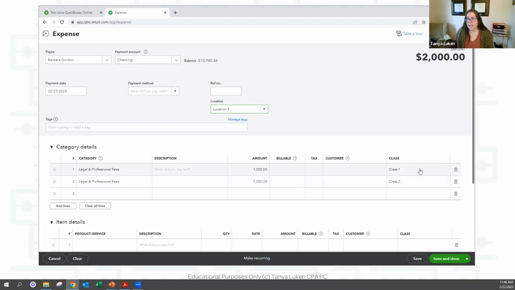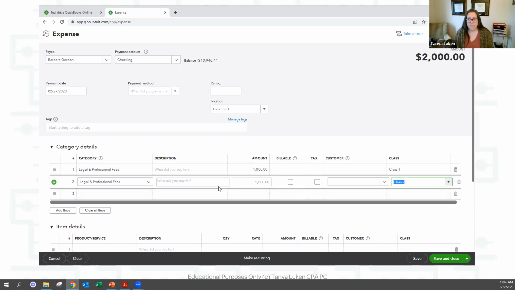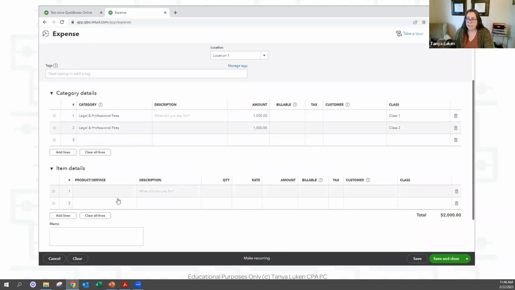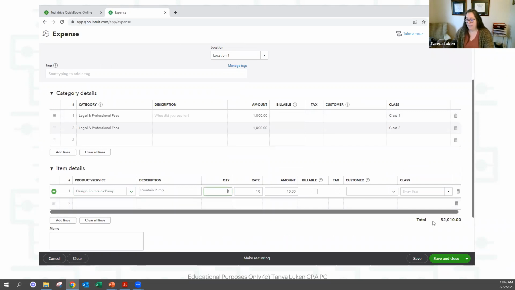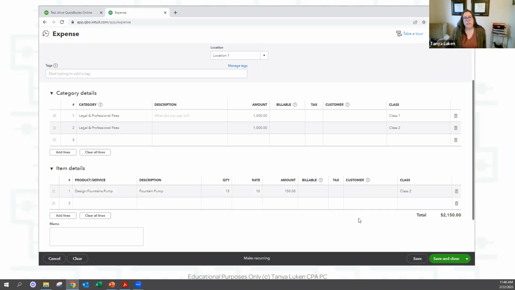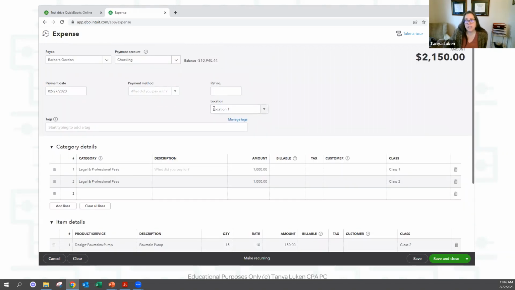However, you can assign classes by lines. And if we're buying 15 pumps, we can pick that we're buying them for class 2. So sometimes using location makes sense. Sometimes it makes more sense to make your classes locations. This class tracking here, we accountants like to call revenue centers or cost centers.